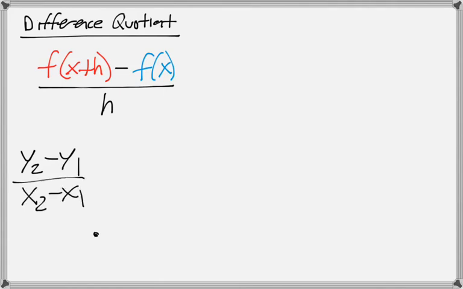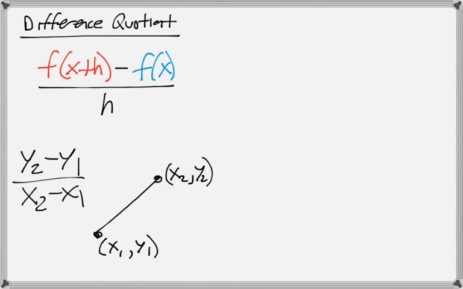If you have 2 points on a line, then you have, let's say, x1 and y1, and x2 and y2, and that's your slope formula.